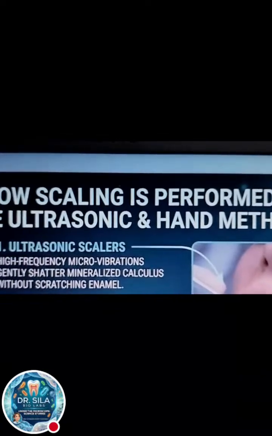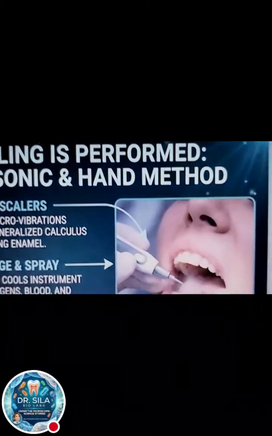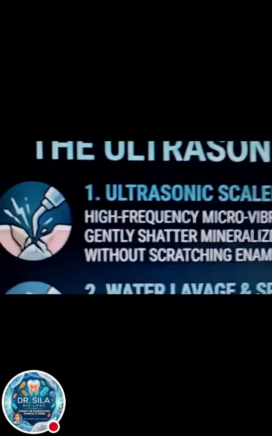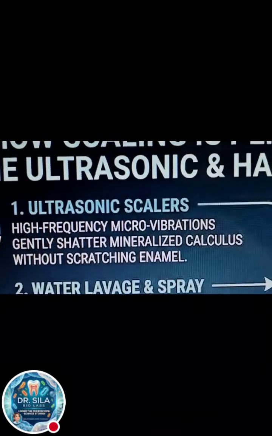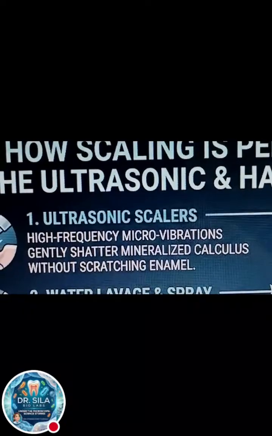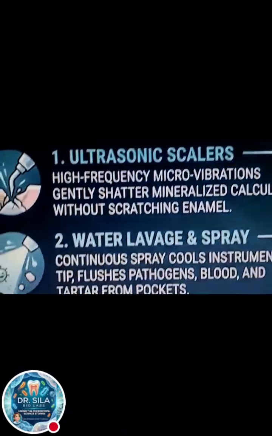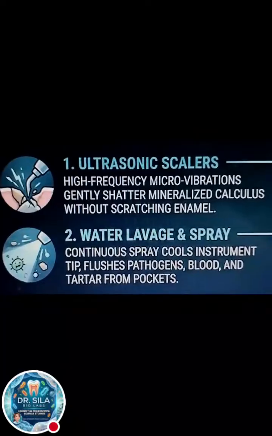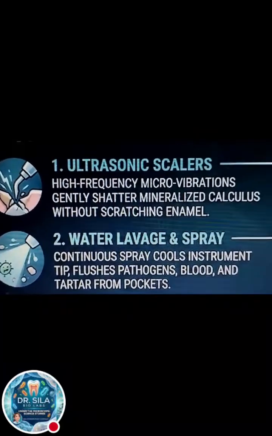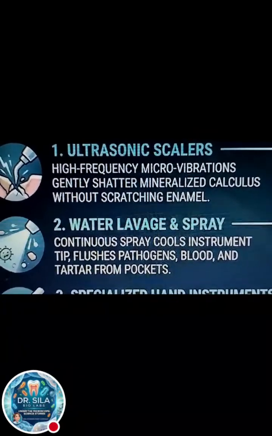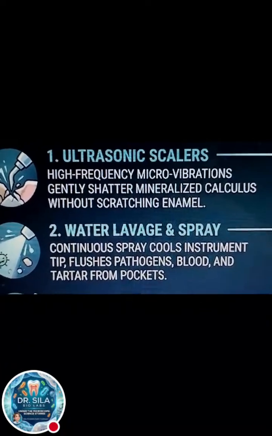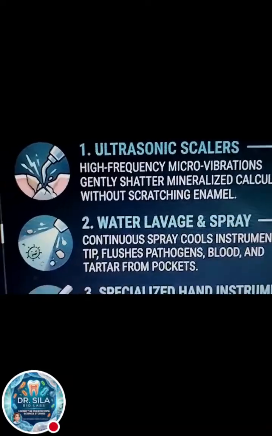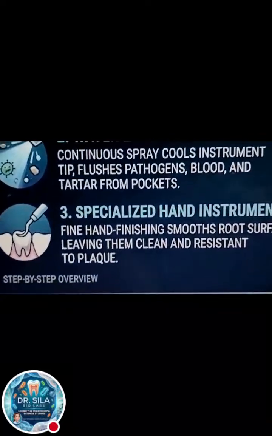How scaling is performed: ultrasonic and hand scaling methods. Ultrasonic scalers, high frequency microvibration gently shatters the mineralized calculus without scratching enamel. Water lavage spray, in the scaler water comes continuously, cools the instrument tip, and flushes the pathogens, blood and tartar from the pockets. Specialized hand instruments.